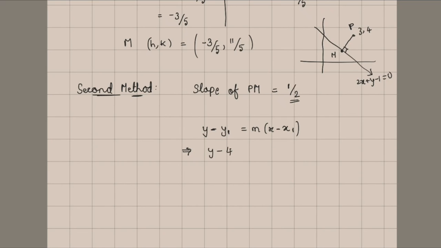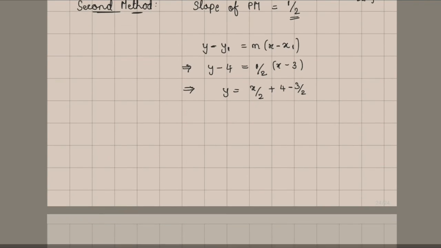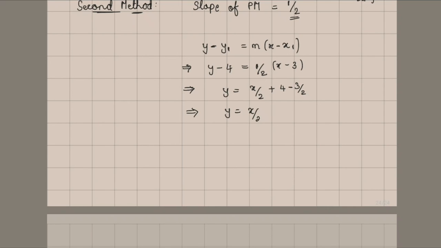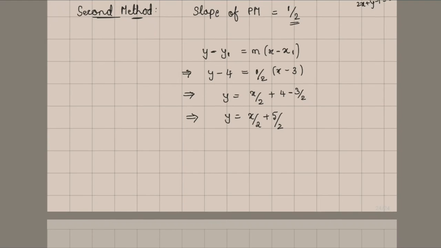So y minus 4 equals half into (x minus 3), which gives the equation of the line as y equals x by 2 plus 4 minus 3 by 2, which gives y equals x by 2 plus 5 by 2. This is the equation of line PM.